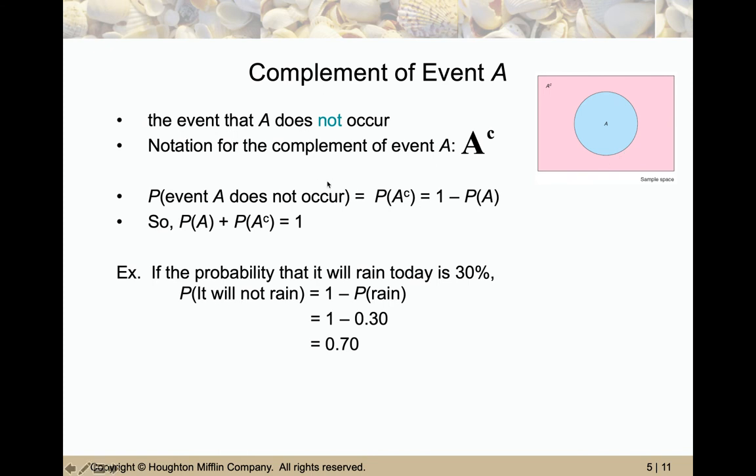So the event that A does not occur, the probability of A complement, is 1 minus the probability of A. So when you add the probability of A plus the probability of A complement, you get the probability of the whole sample space, and so it's 1. If the probability that it will rain today is 30%, the probability it will not rain is 1 minus the probability of rain. So 1 minus 0.3, so 0.7.